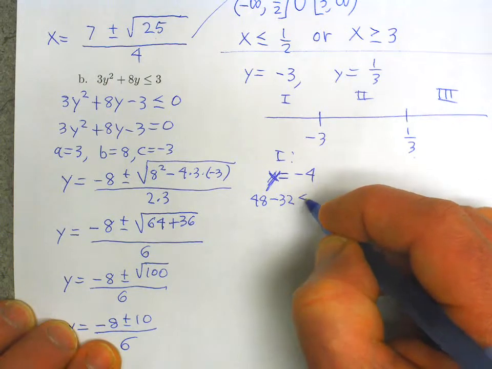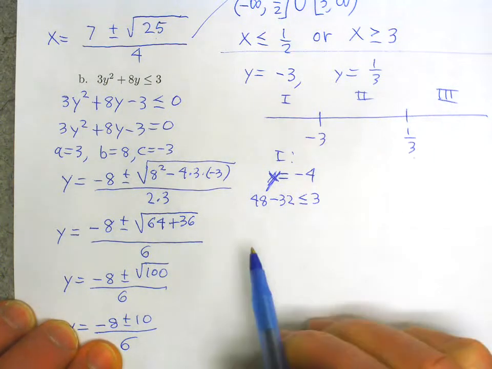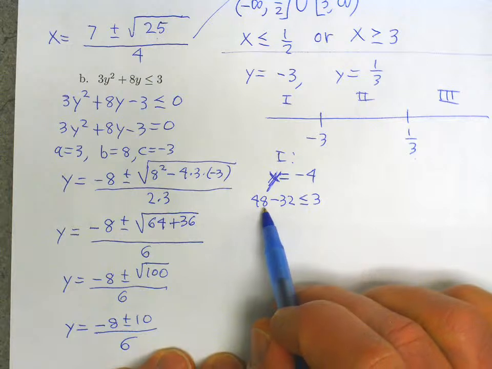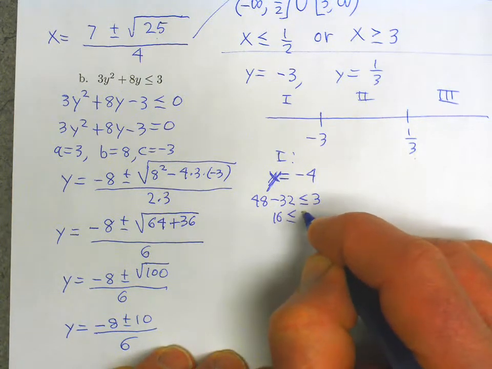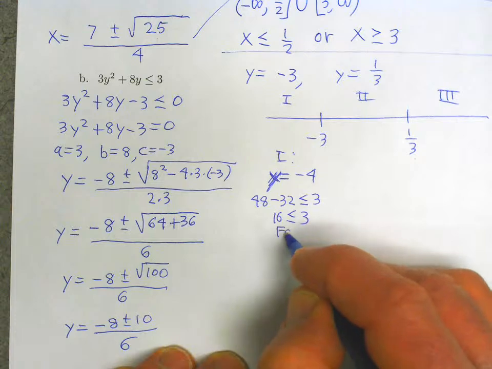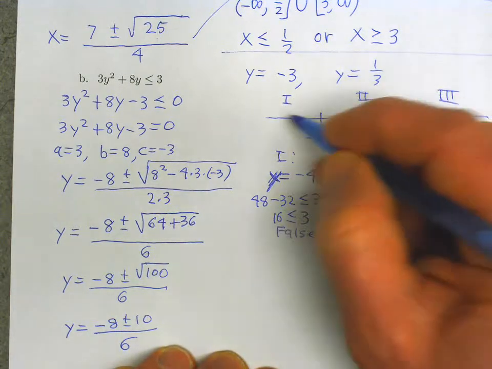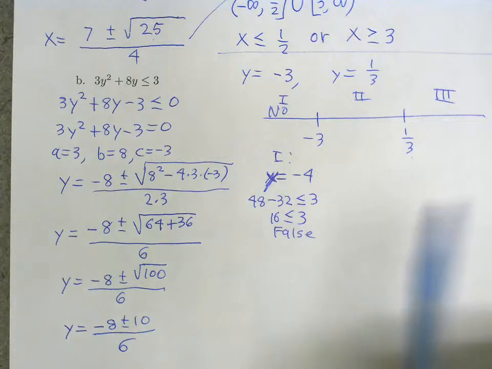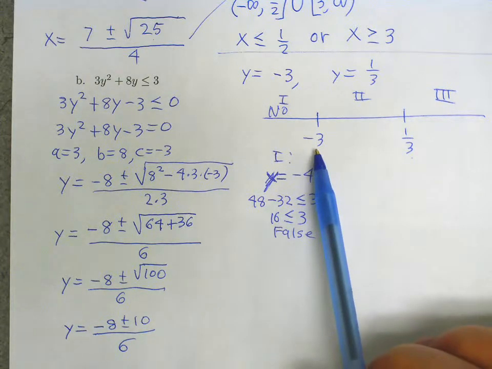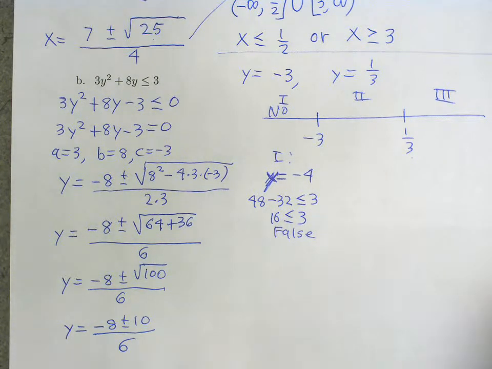The inequality is less than or equal to 3. But 48 minus 32 is 16, and 16 less than or equal to 3 is false. So none of the numbers in that first interval on the left, from -infinity to -3, are solutions.